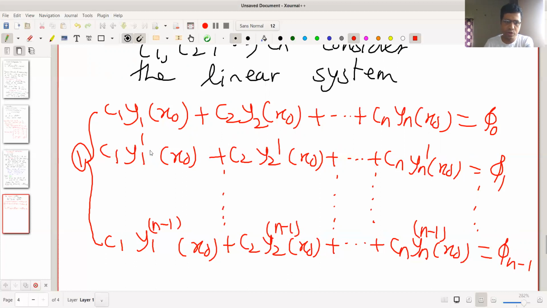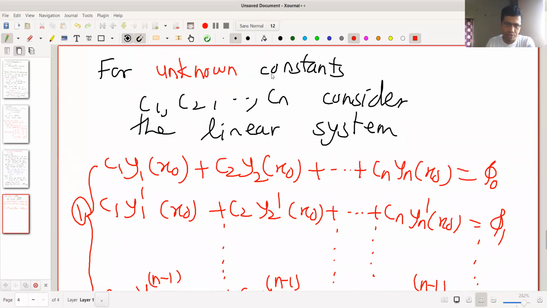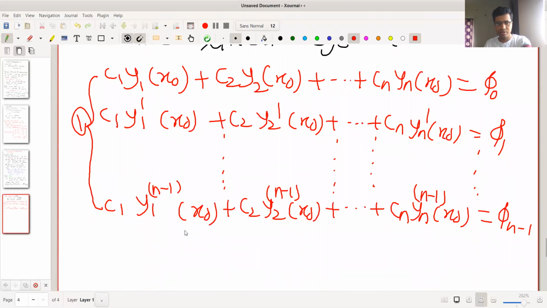Okay, so in this system C1, C2 to Cn are unknown constants, and we have to solve this system and find the values of C1, C2 to Cn. That means we try to find the constants Ci satisfying system 1. And from linear algebra, we can have a condition on this system to have a unique solution.